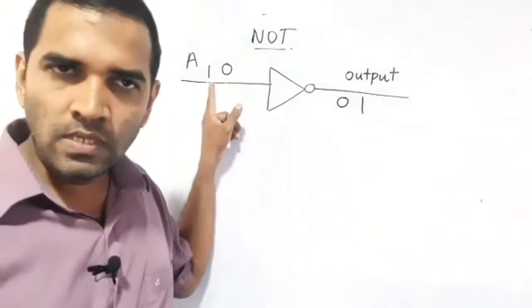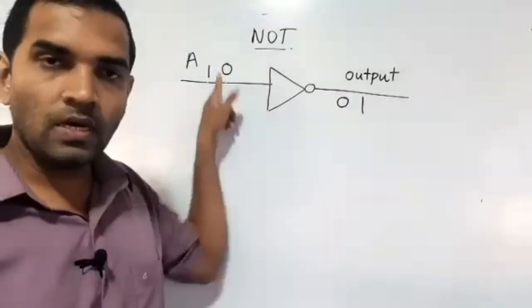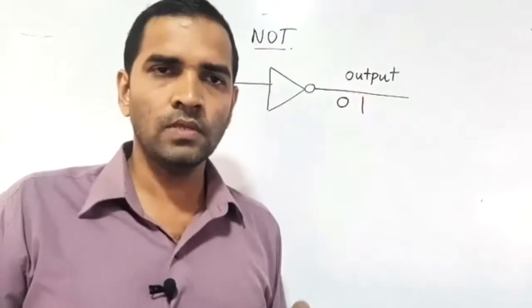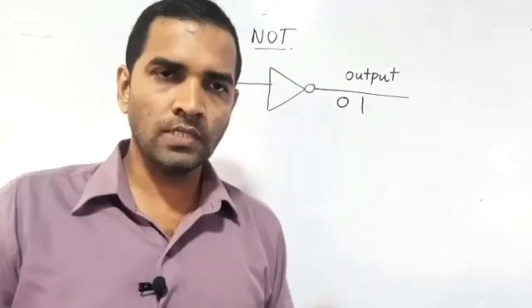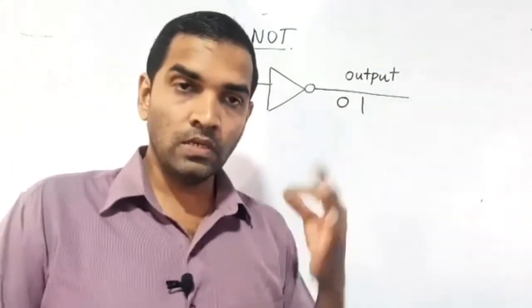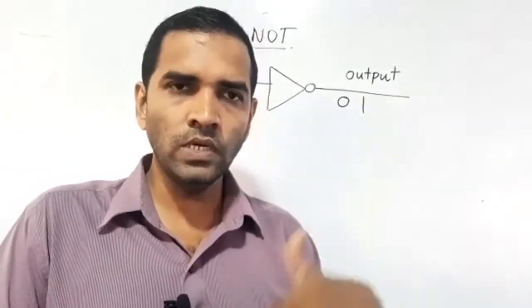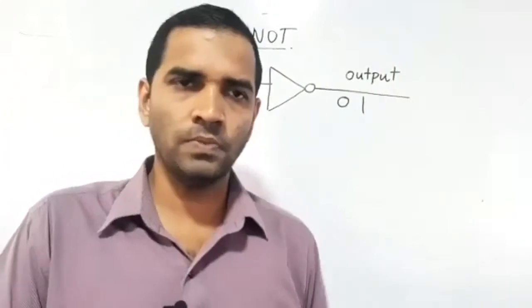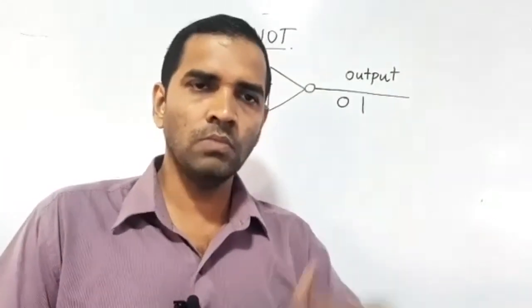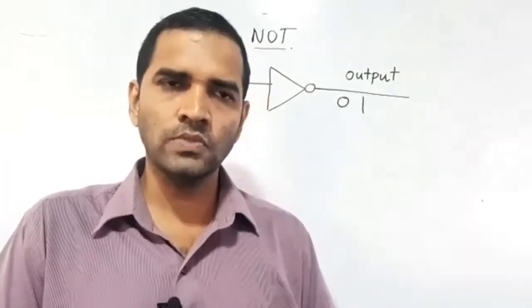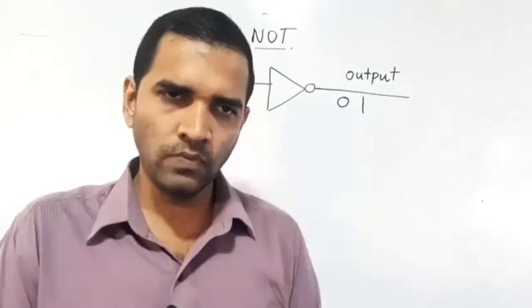Here, electricity is not there, but you have electricity at the output. So it is opposite. That's why the NOT gate is often known as an inverter. Inverter means it produces the opposite. Zeros become ones, ones become zeros. That's the meaning of the NOT gate.